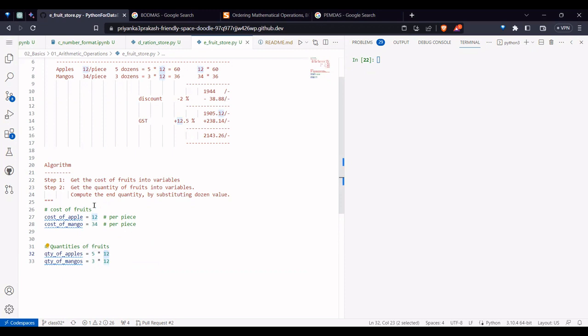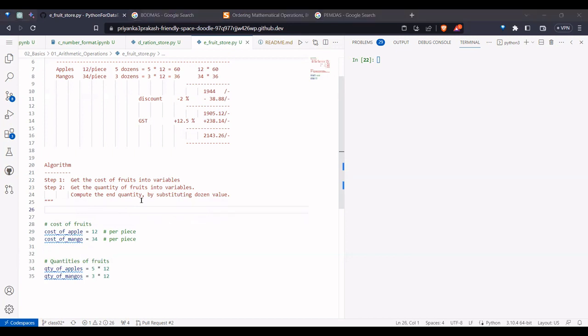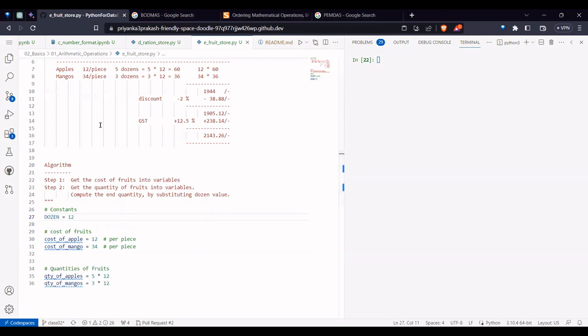In any program, the constants are the assumptions in that program. We need to define the constants at the start itself, such that anyone who comes to the code can immediately see what the constants are. Constants don't need to be in capital letters, but PEP8 recommends doing it that way.